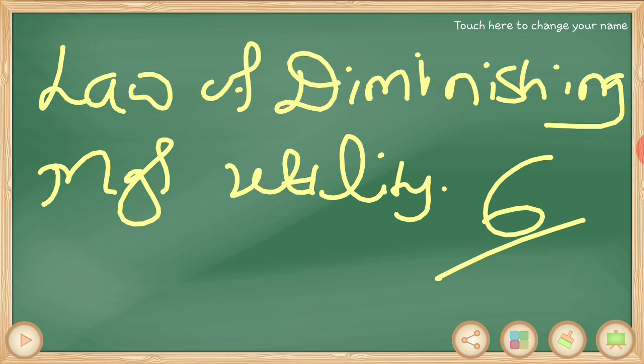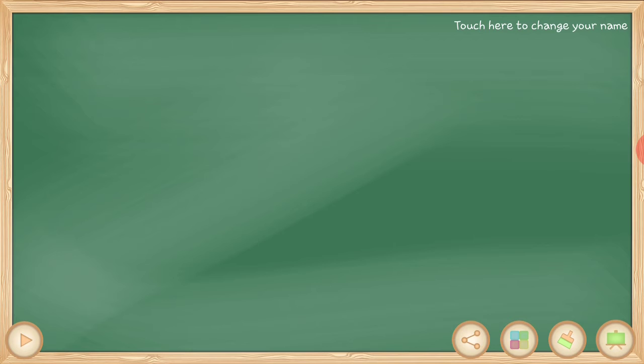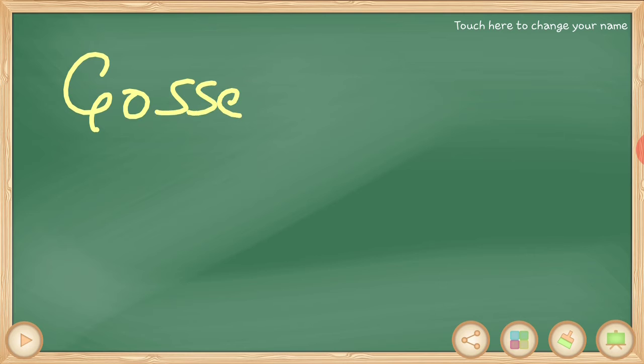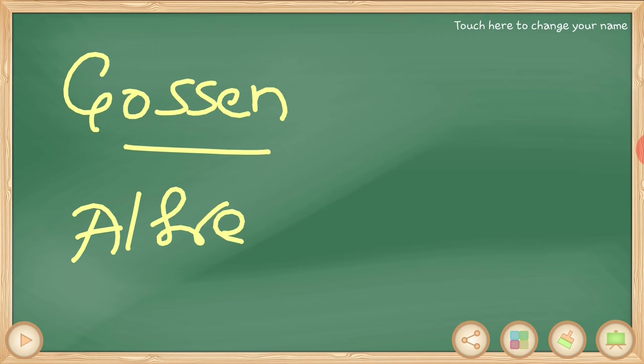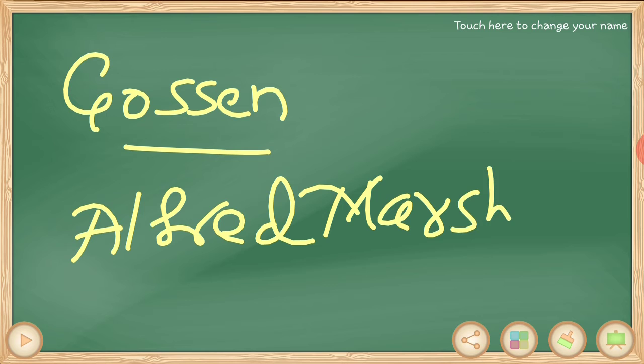The law of diminishing marginal utility was first developed by a German economist, Gossen, and later on developed by Alfred Marshall.